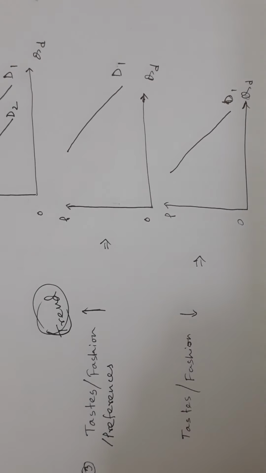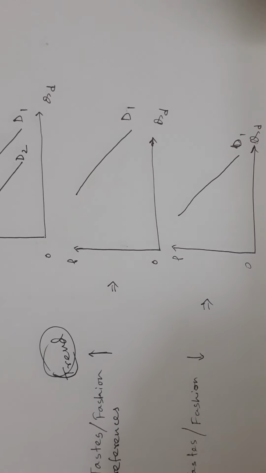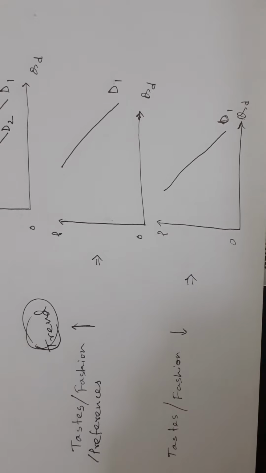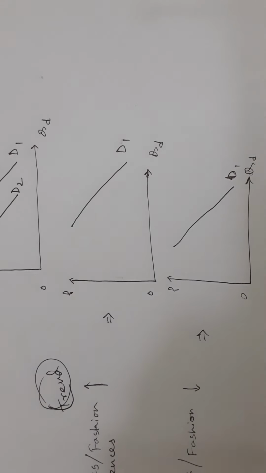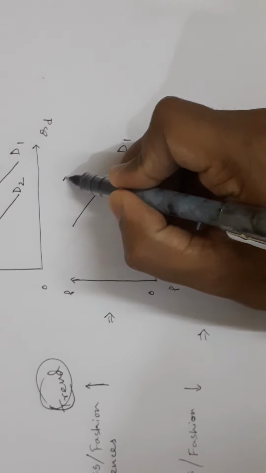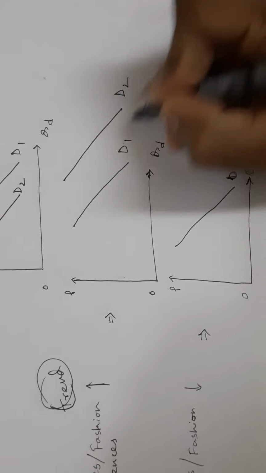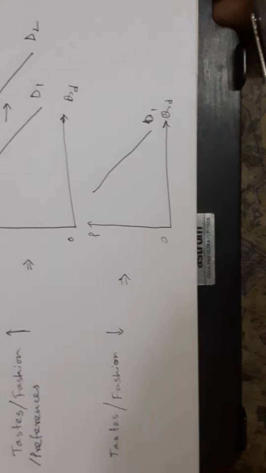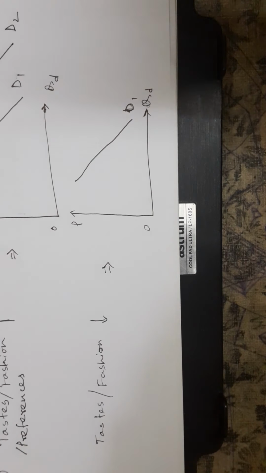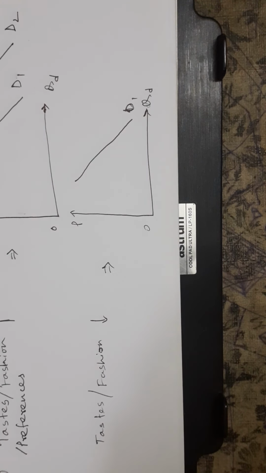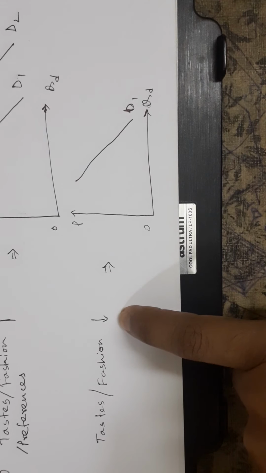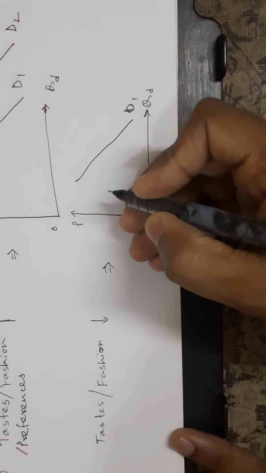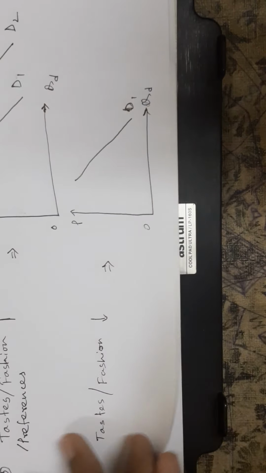So if something becomes more fashionable, taste for that one rises, preferences rise, and definitely demand will rise and shift to the right from D1 to D2. If something becomes less fashionable or taste for that one falls, you don't like it anymore, so it doesn't matter if it becomes cheaper.